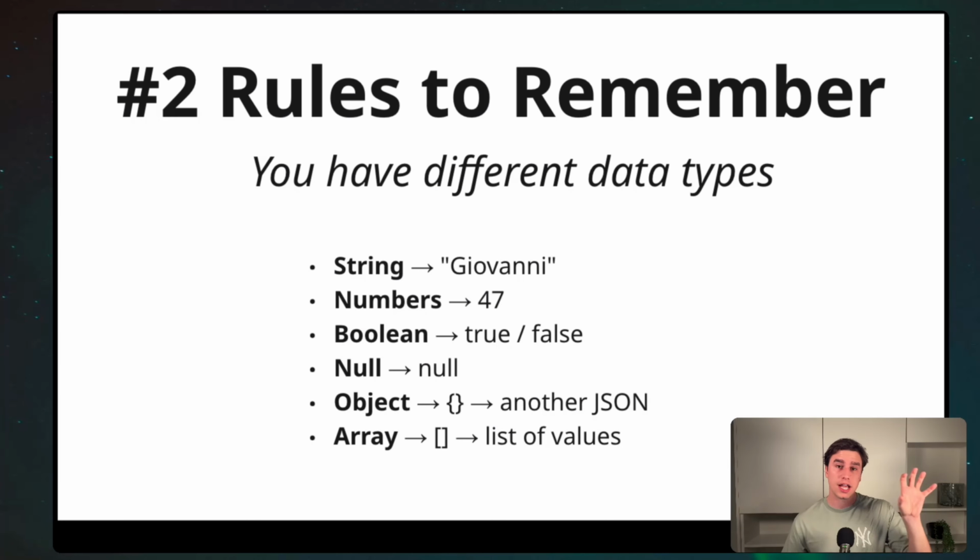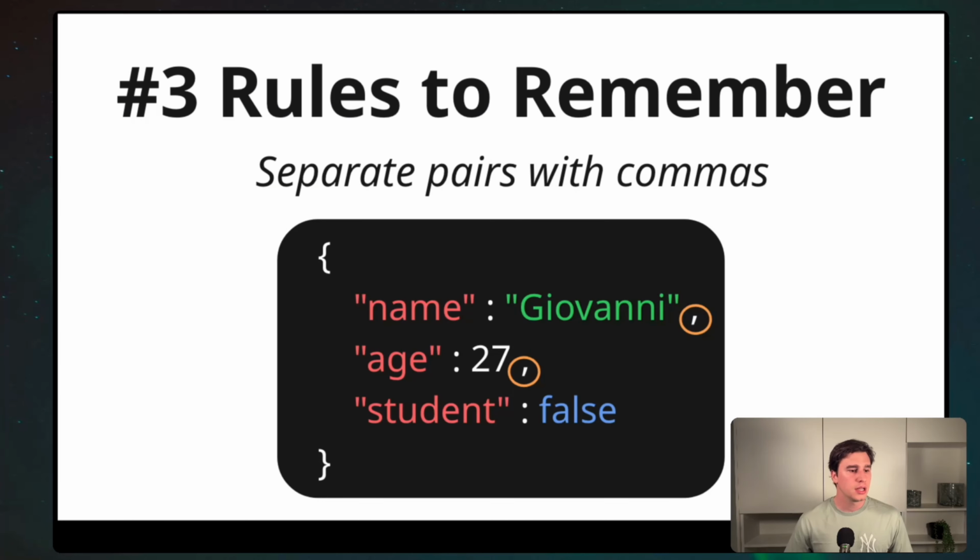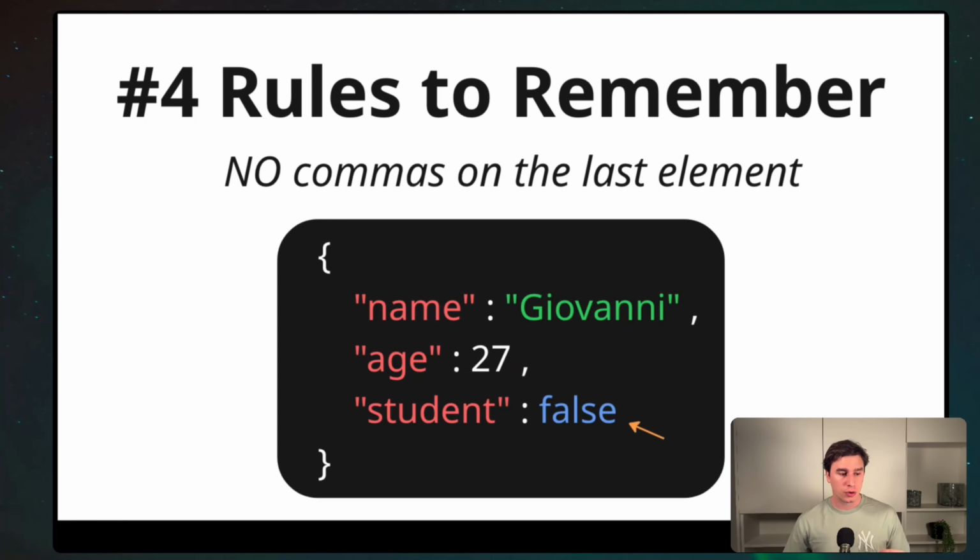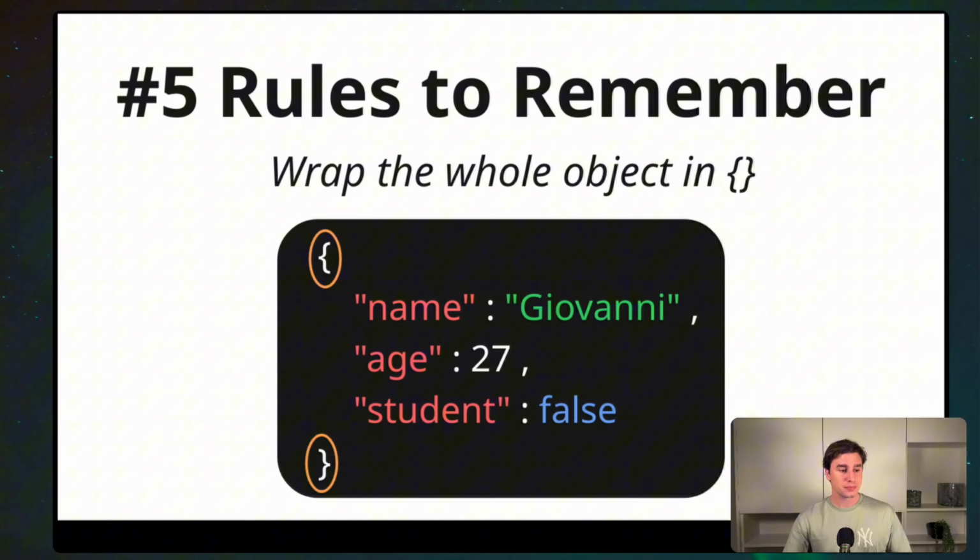And we saw what each of these represent. Number 3, every key value pair is separated from the next one with a comma. And that's what we saw continuously when we were pressing execute, that even n8n was adding a comma. Number 4, the last element of the object, so the curly brackets, does not have a comma. And lastly, everything when you talk about object is wrapped into curly brackets.